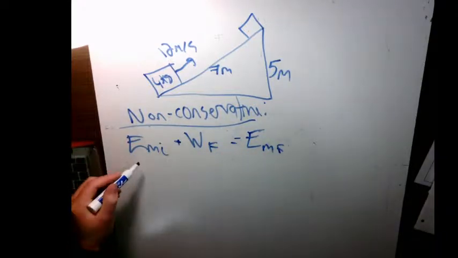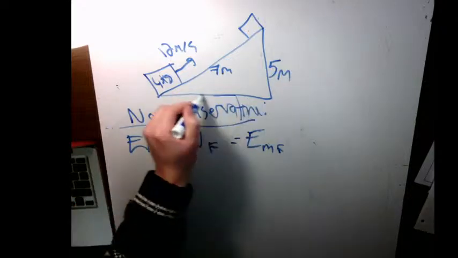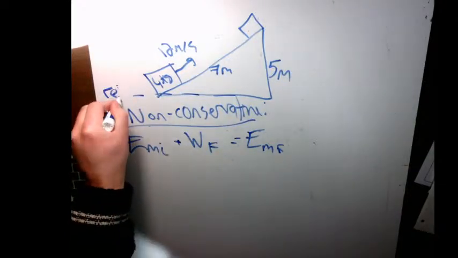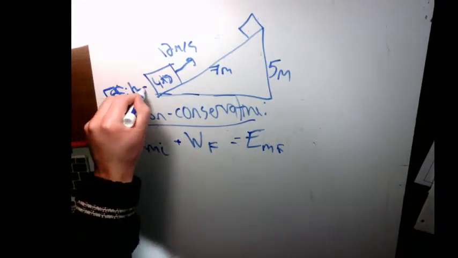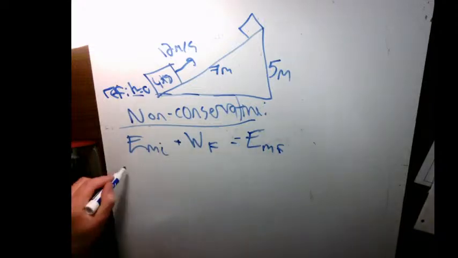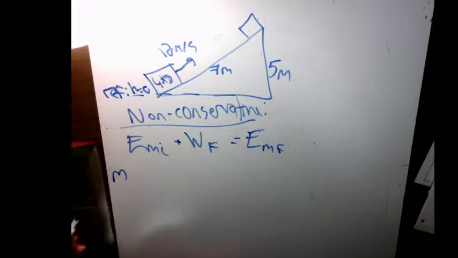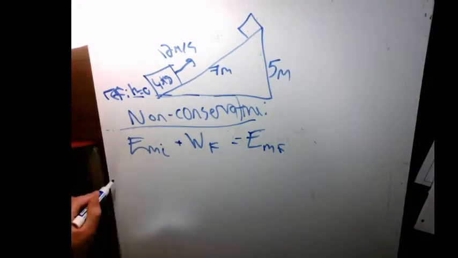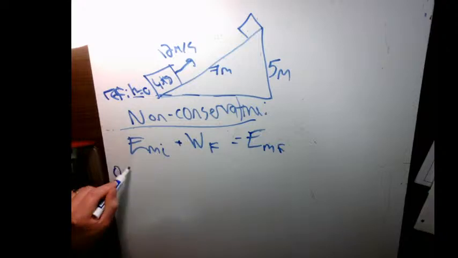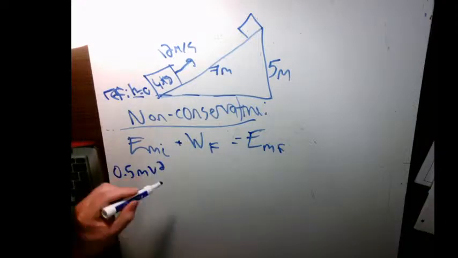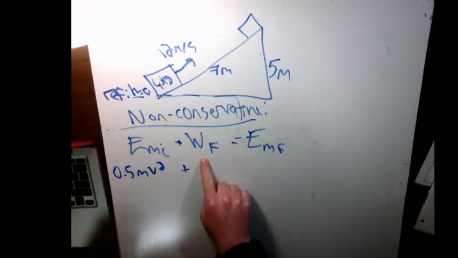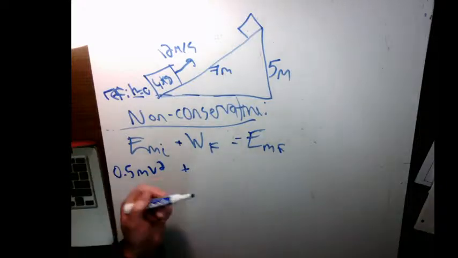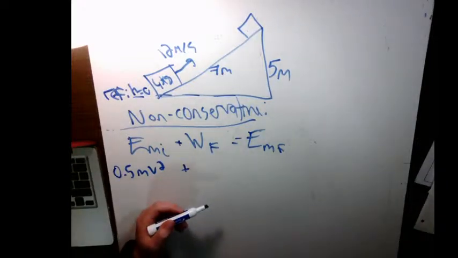So at the start, if we're saying this is our reference height of 0, mgh would cancel out, no gravitational potential energy at the start. We have all kinetic energy, one half mv squared, plus the work done by friction, which is what the question wants us to determine.